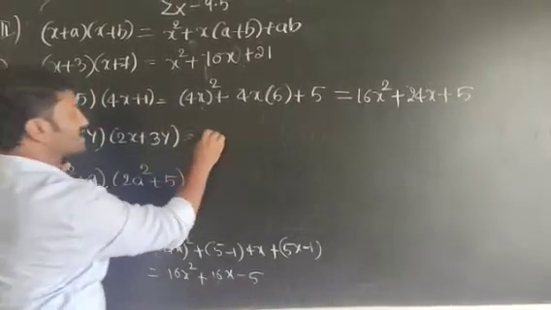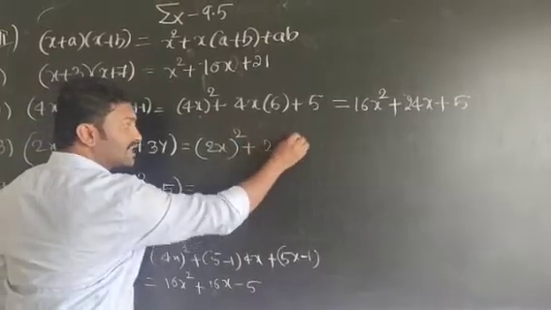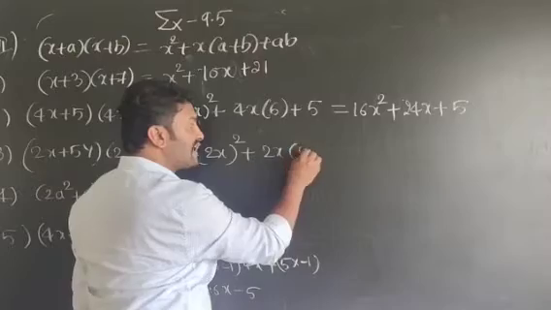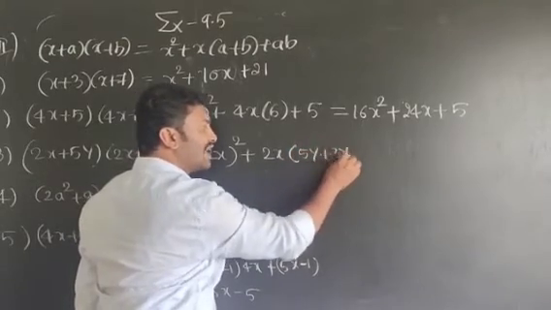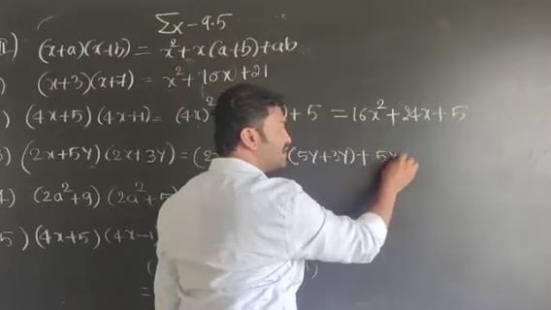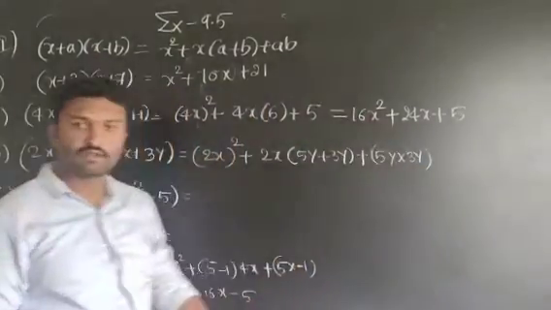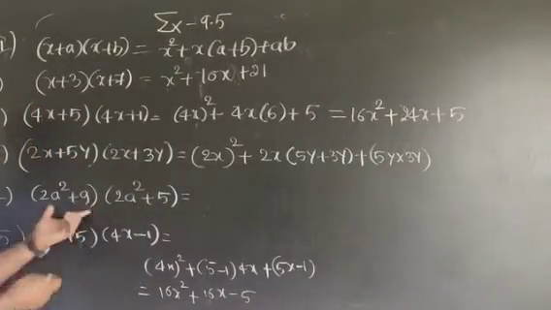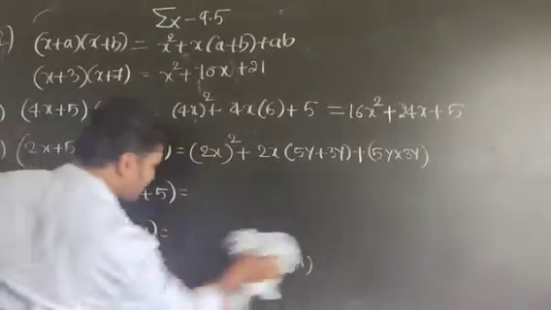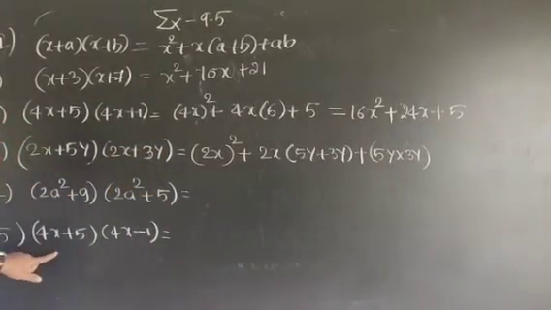Here x value is 2x, x square plus x into a plus b, 5y plus 3y, plus a into b, 5y into 3y. You find the answer. Next one is also same, and I go for the last one, the fifth one.